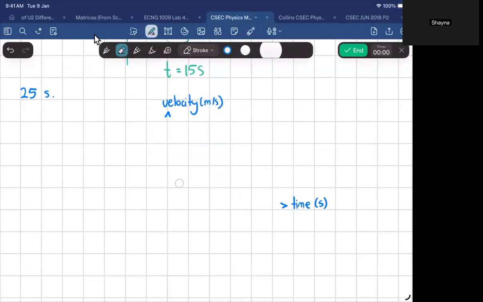It starts from rest, so 0, 0, and it accelerates uniformly, so that's a straight line. And it eventually travels at a constant velocity, right? So this would be 0.